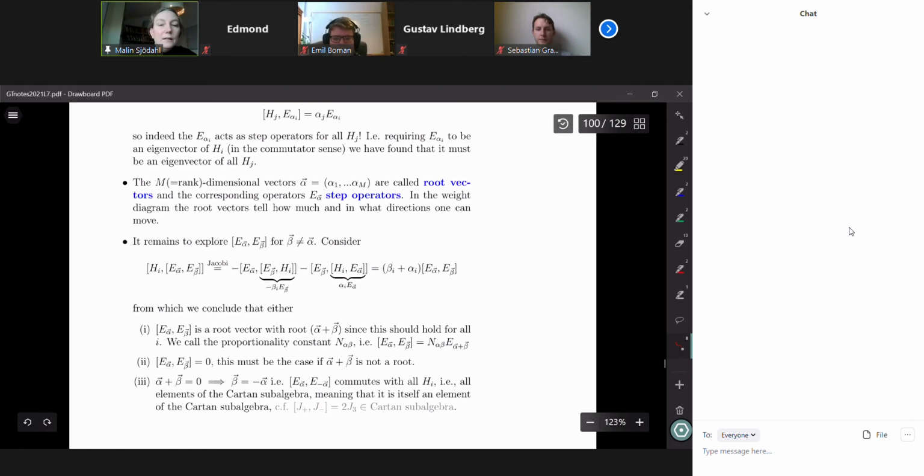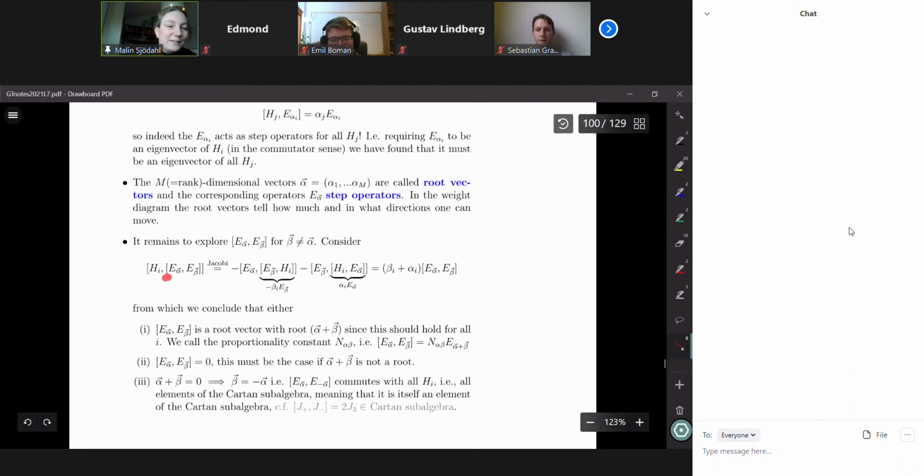And then I use that the commutator of E beta with hi is beta i E beta. So it's an eigenstate. The commutator of E alpha with hi is alpha i because that was an eigenstate. So I have the commutator of E alpha with E beta and the one with E beta with E alpha. Well, they only differ by a sign.